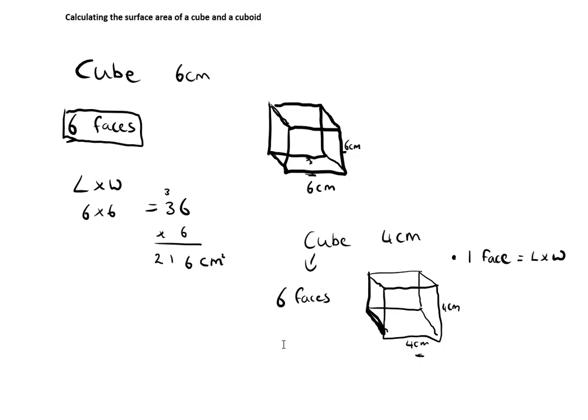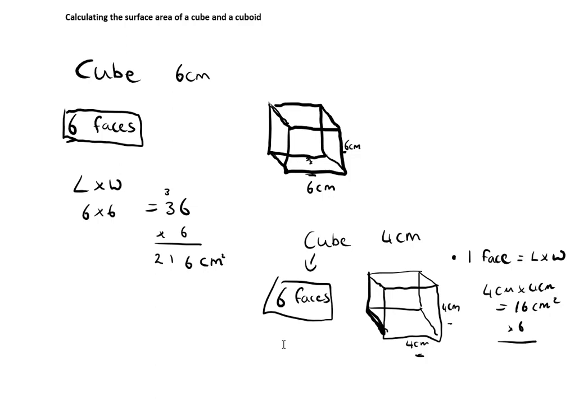So one face then is 4 centimeters times 4 centimeters, that equals 16 centimeters squared. And then we need to multiply that by our 6 faces, so times it by 6.